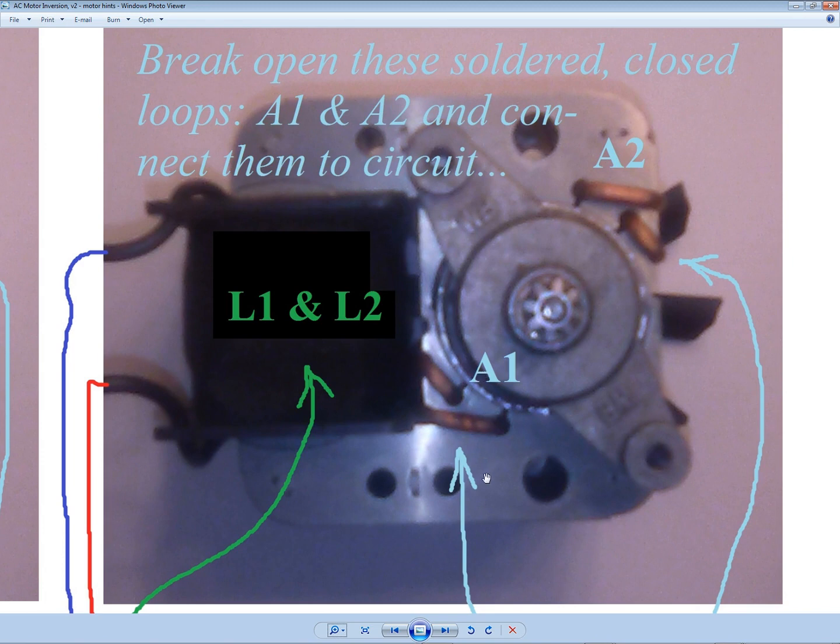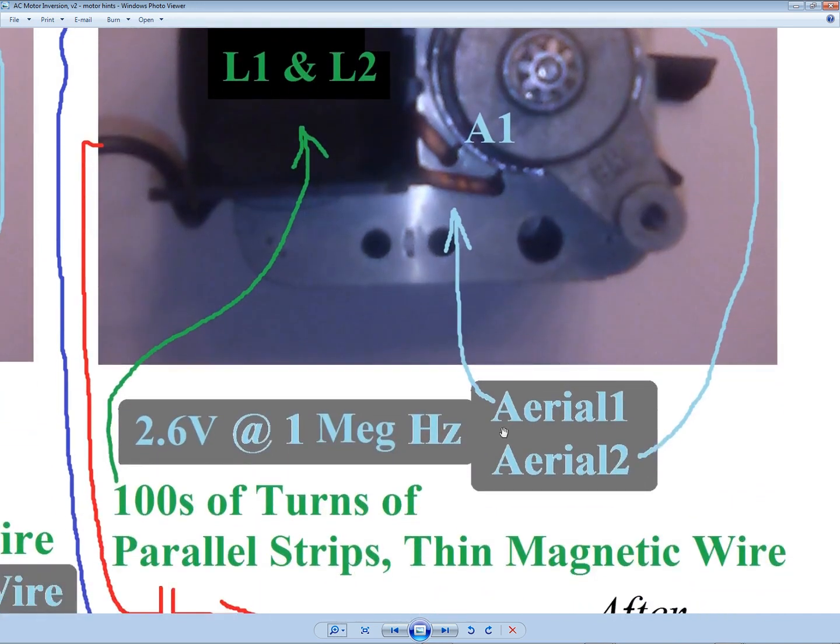But they go to, in this case, either an aerial or solar panels to pick up the voltage, and then they feed immediately a sine wave generator operating at 1 megahertz. Now all my simulations are in MicroCap, which is a variety of SPICE, and the standard in the industry.